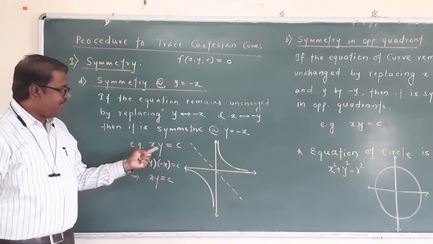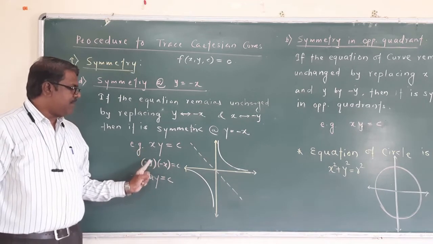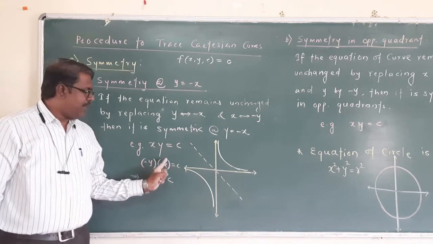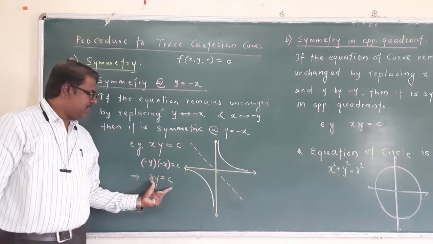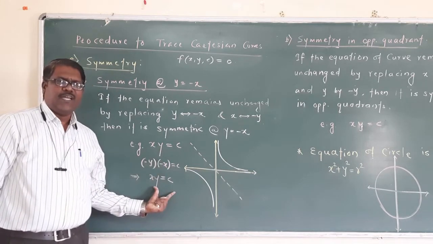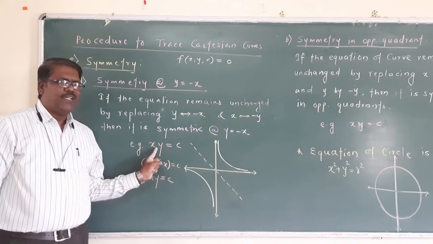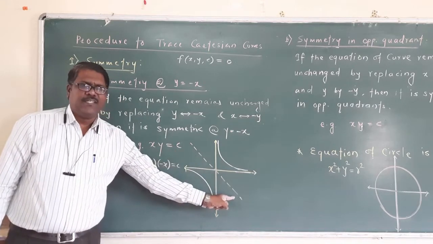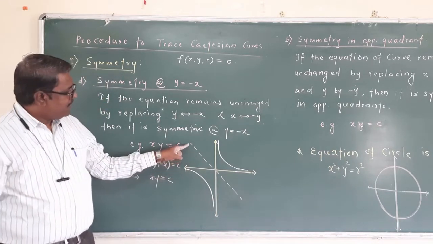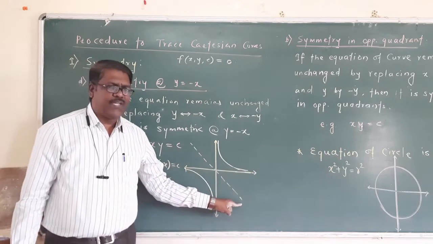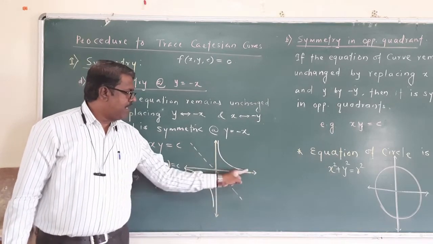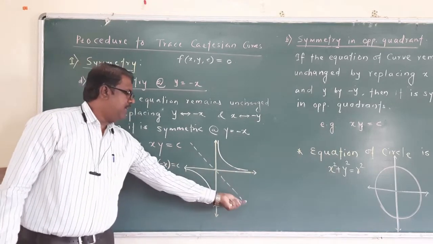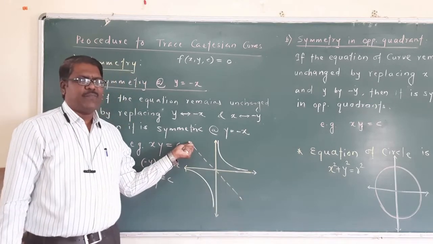So after replacement of x by minus y and y by minus x, this equation remains as it is, and therefore this curve is symmetric about the line y equal to minus x. Now if we see this figure, this is the line y equal to minus x, and this is a rectangular hyperbola which is symmetric about this line.